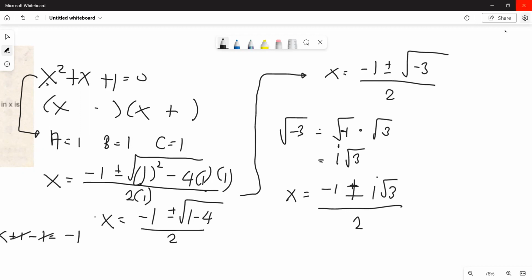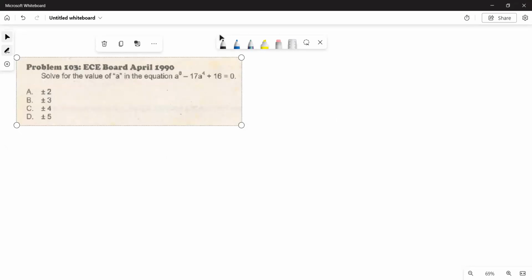Okay, so let us try another example. We're going to solve for the value of a. This is a bit complicated, but we can write this in the form of a quadratic equation. Let's say x squared, and then you have a to the 8.